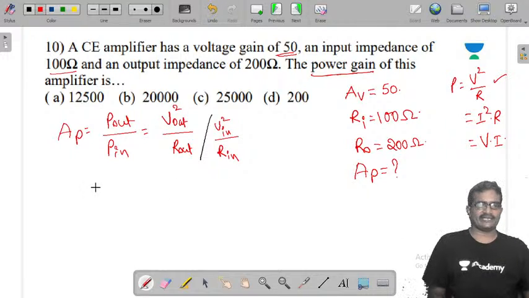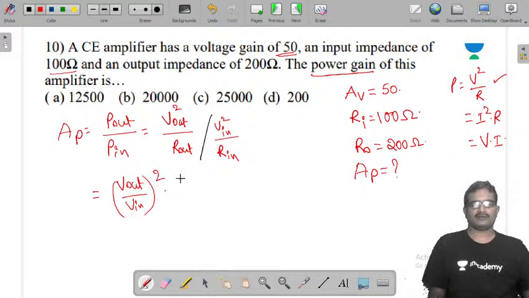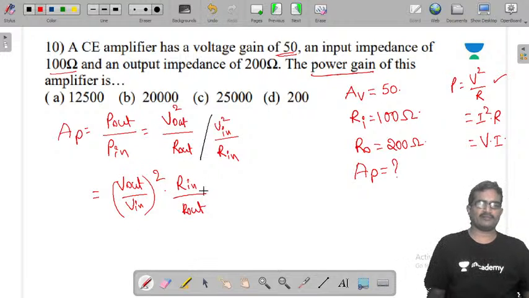So we can write it as V output by V input whole square, into R input by R output. V output by V input is nothing but the voltage gain AV, so power gain is AV square into R input by R output.